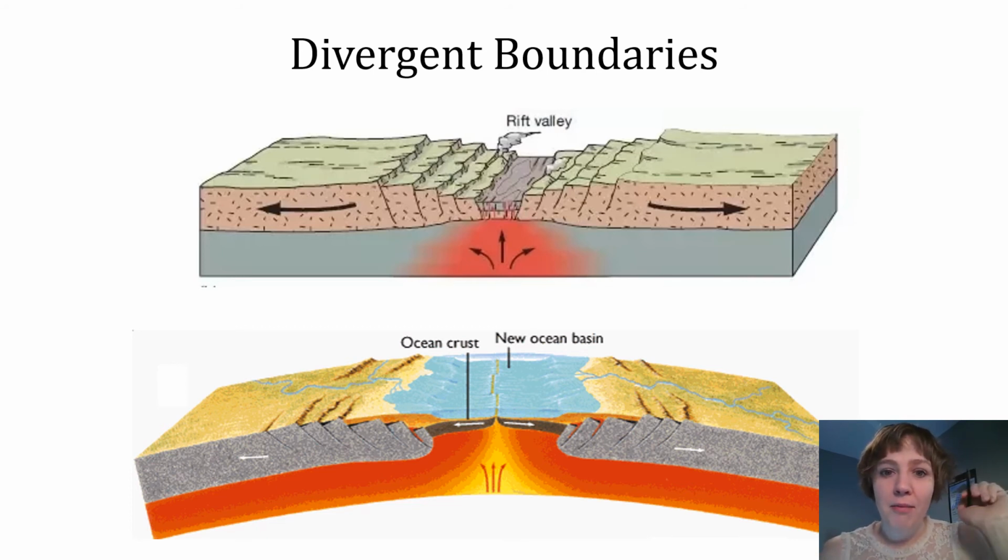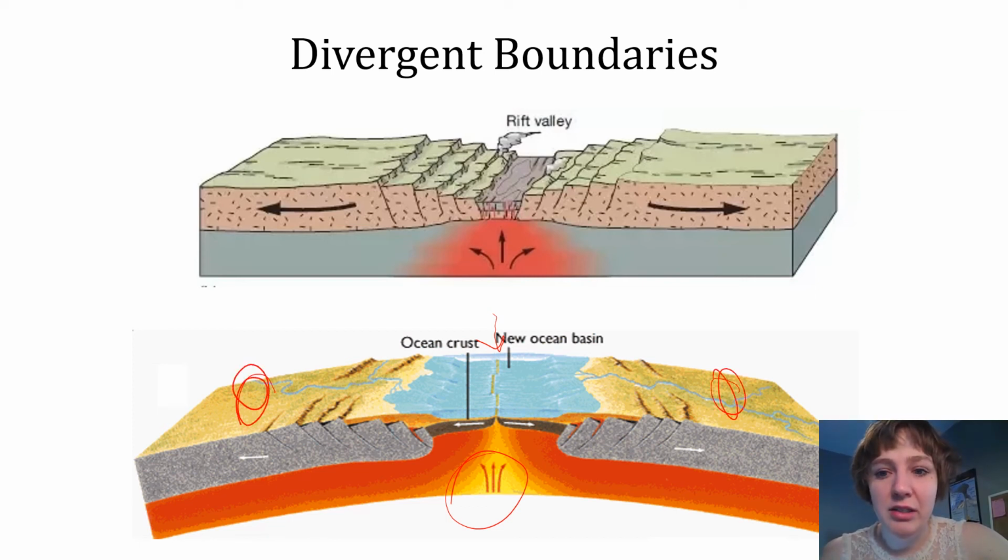At that point, magma from below comes to fill the gap and creates a brand new mid-ocean ridge, right? A new oceanic lithosphere is formed between those pre-existing continental plates, okay?